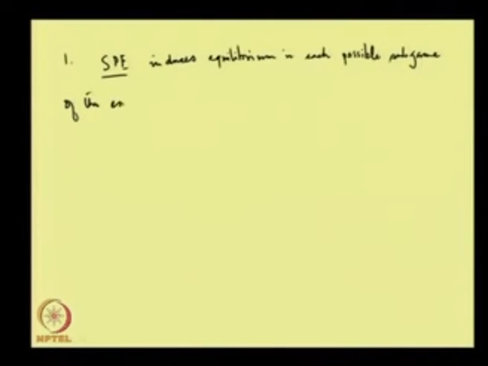Subgame perfect equilibrium, essentially what it means is that it induces equilibrium in each possible subgame of the entire game.